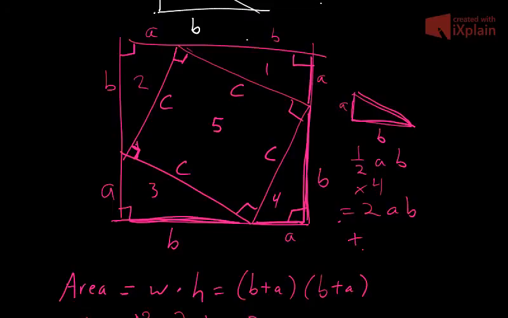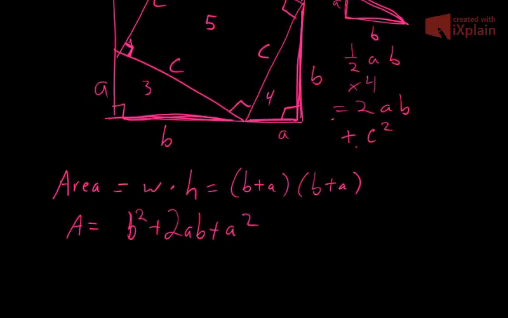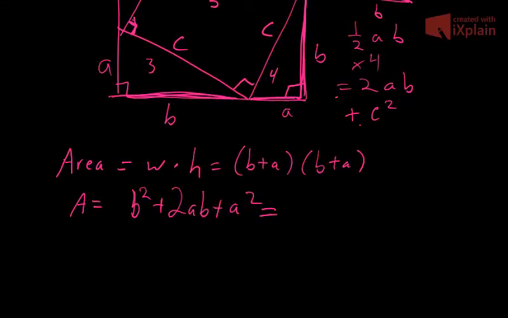The square is c by c, so width times height would be c times c, which is c squared. If I bring that down below, I can now say that it has to be equal to the other way I found my area. So area has to be b squared plus 2ab plus a squared, but it also has to be 2ab, the area of my triangles, plus c squared, the area of the square on the inside.